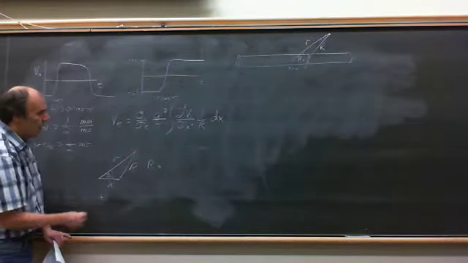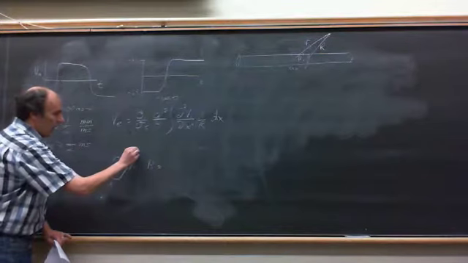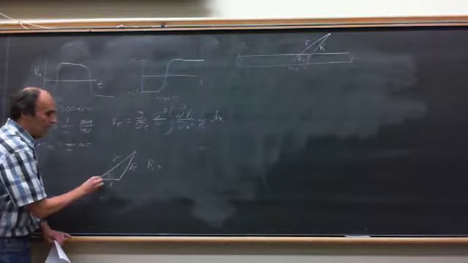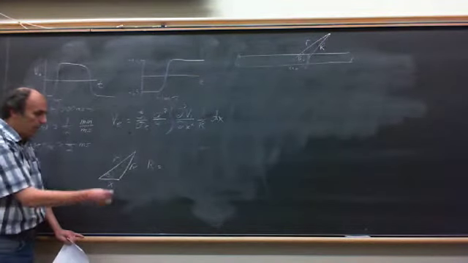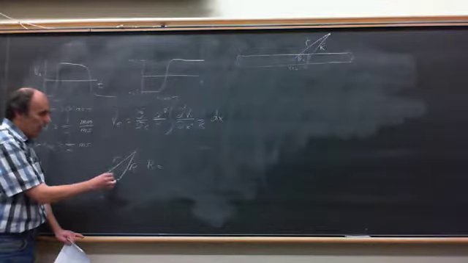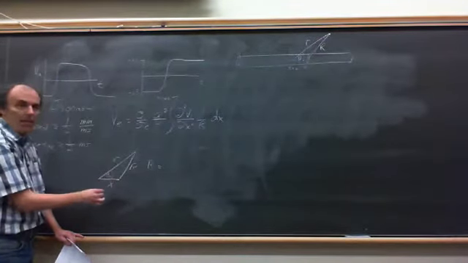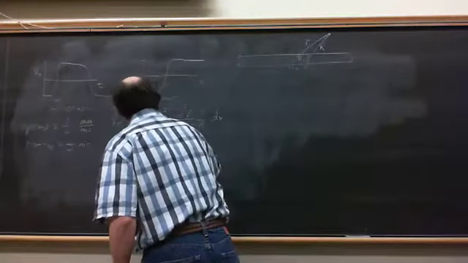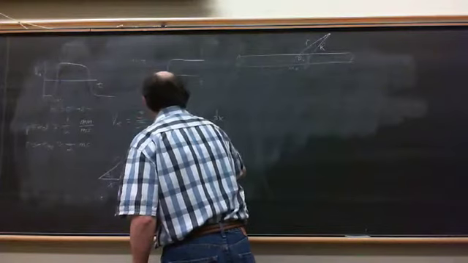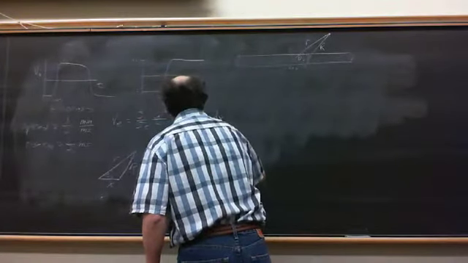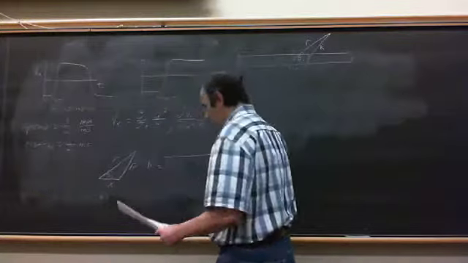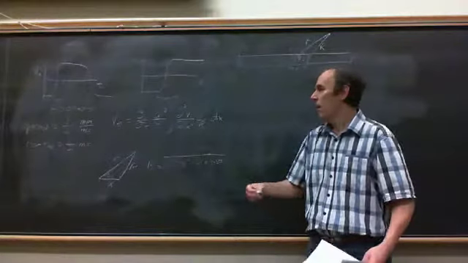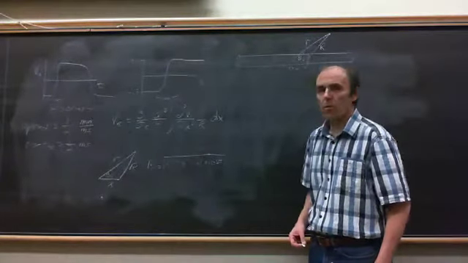If you want to know this side, the length of that side squared is the length of this side squared plus the length of this side squared. That would be the end of it if it was Pythagoras', but it's not a 90-degree angle, so you get minus 2rx cosine theta. So R is the square root of r squared plus x squared minus 2rx cosine theta. It's the law of cosines, just a result from mathematics for a triangle.